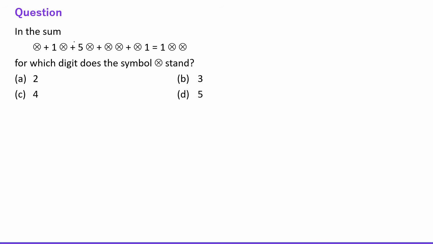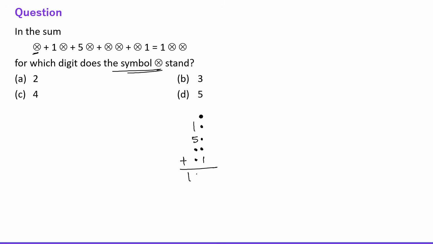Next question is, in the sum, symbol plus 1 symbol plus 5 symbol plus symbol plus symbol 1 is equal to 1 double symbol. For which digit does the symbol stand? Okay, just assume it as dot. So this is dot, 1 dot, 5 dot, dot dot, dot 1.